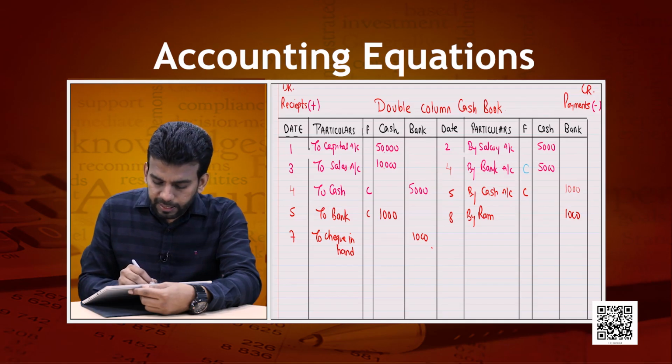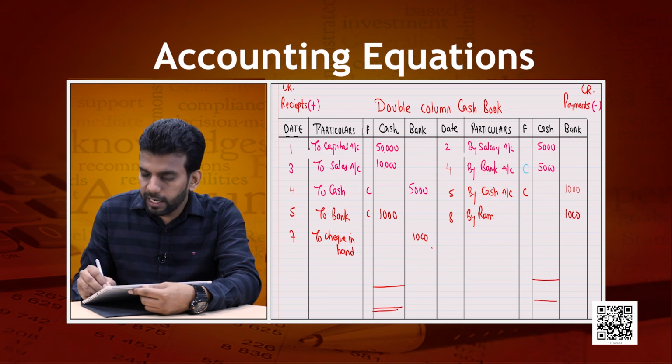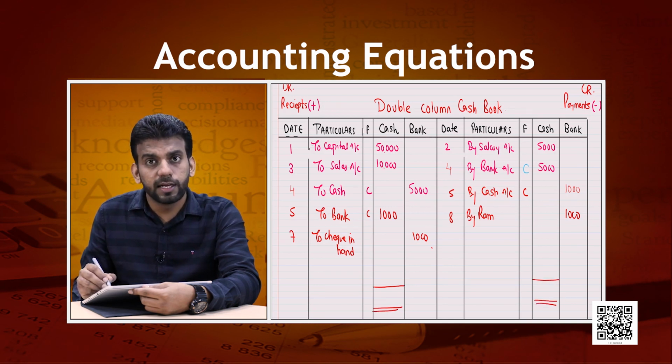So students, this is nothing but a ledger, kind of ledger, and we will balance it the way we were balancing the ledger. Let us see. While balancing, cash should be dealt with cash. I mean to say, the receipt side of cash is to be deducted from the payment side.